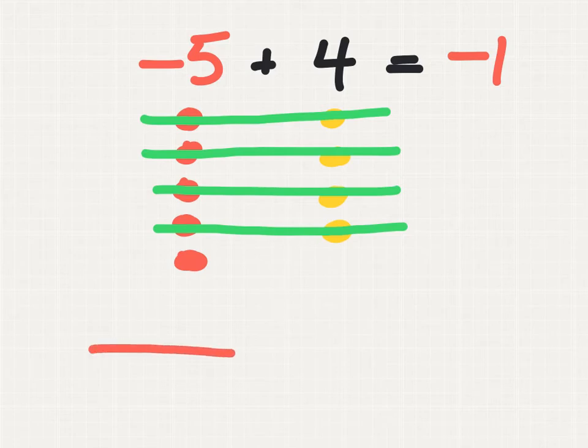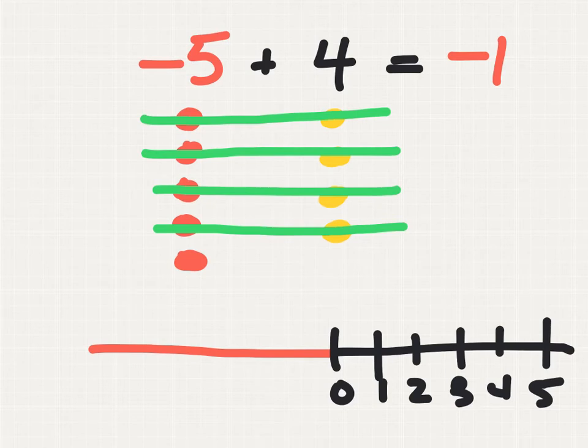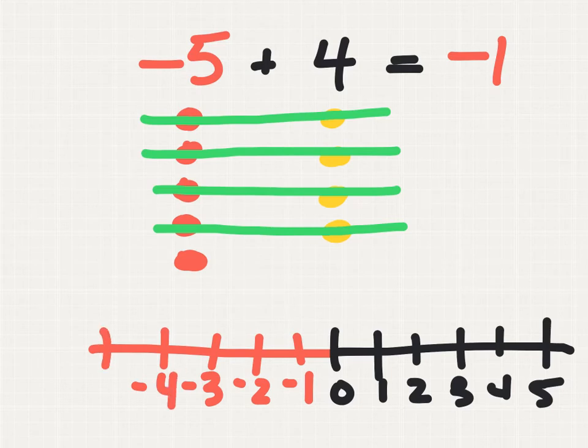And if I were to model this on the number line, again, beginning at 0, everything to the right is positive. Everything to the left is negative. And I know the first integer in my problem is negative 5. So starting at 0, we're going to go left because that's where the negative integers are, all the way to 5, where our problem begins.